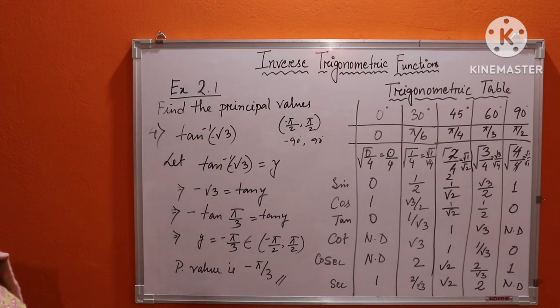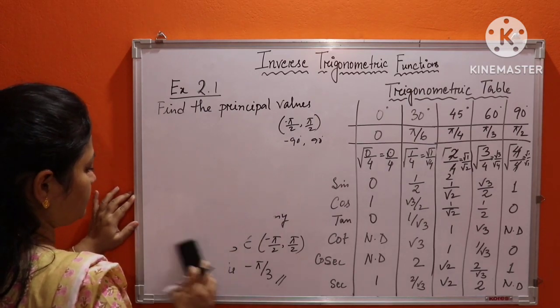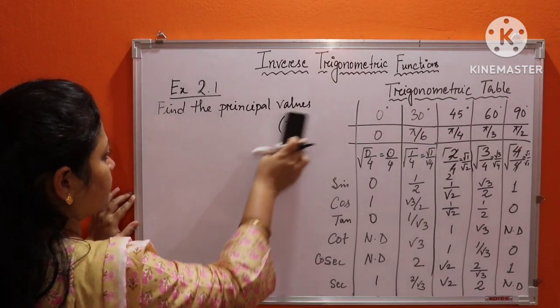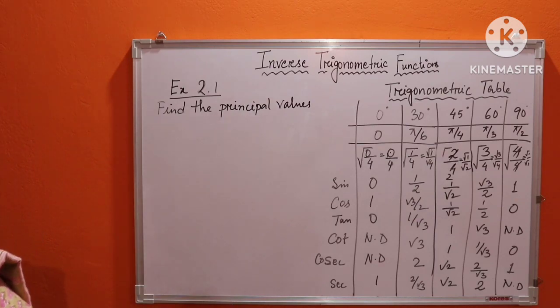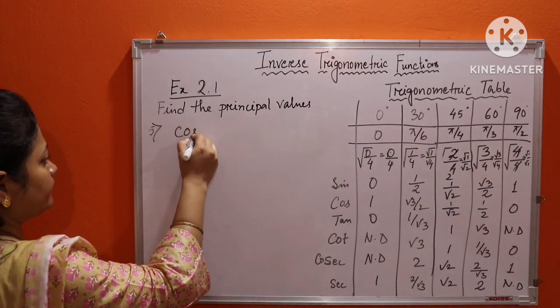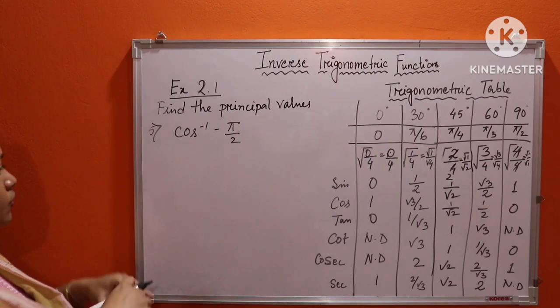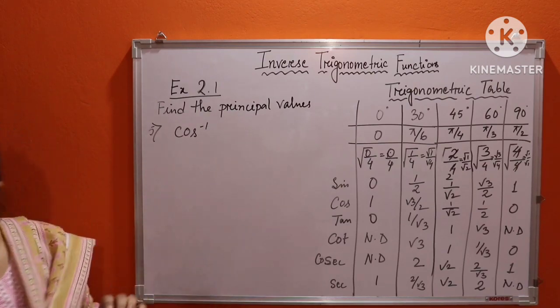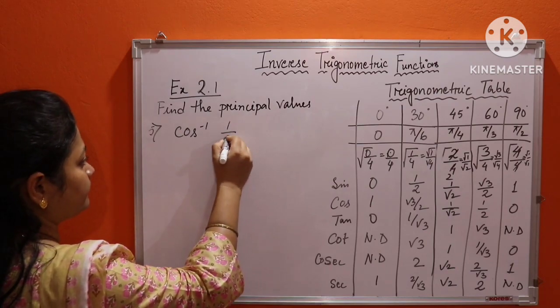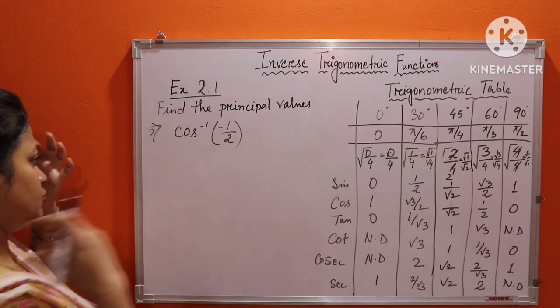Let me solve the fifth question, that is given as cos inverse minus 1 by 2. Cos inverse half, sorry, cos inverse minus 1 by 2.